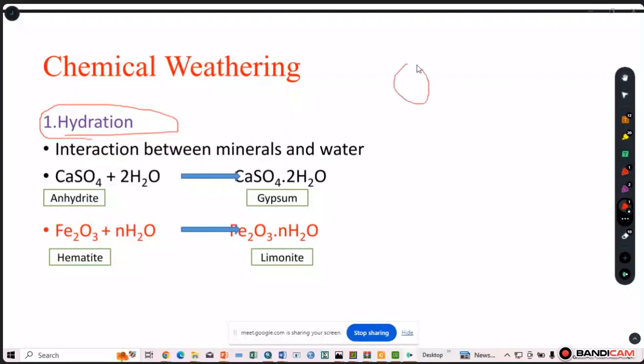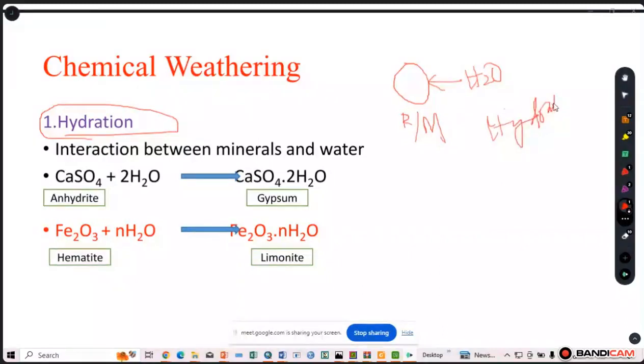Suppose this is a rock or mineral. When this rock or mineral comes into contact with H2O, what happens? It gets hydrated.